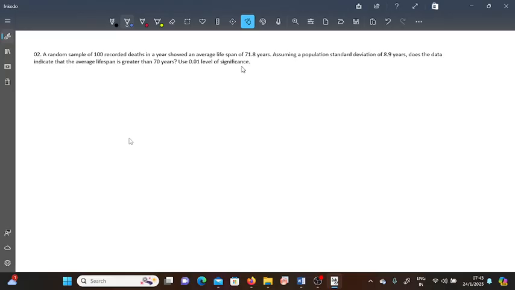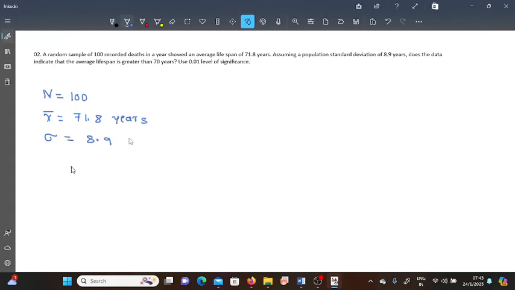Firstly, I will consider the data that has been given. In the given problem, the sample size is 100, and the sample mean x bar is equal to 71.8 years. Also the population standard deviation is given, which is 8.9.